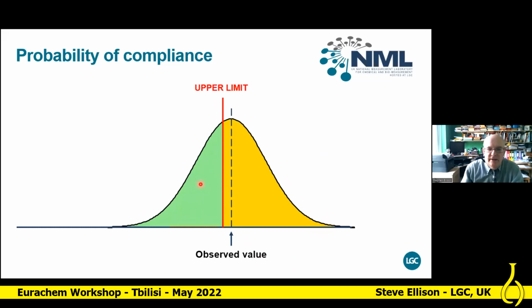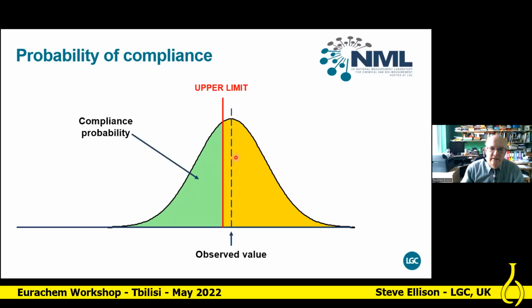In other words, there's quite a large probability that the test item actually complies. So we're not that sure that the test item fails, even though the measurement result is just above the upper limit.